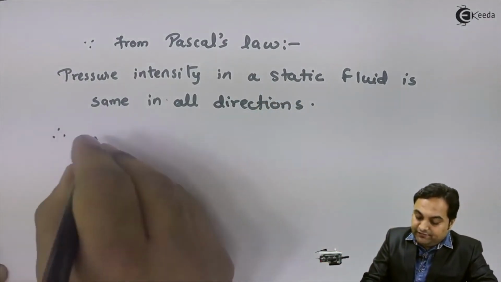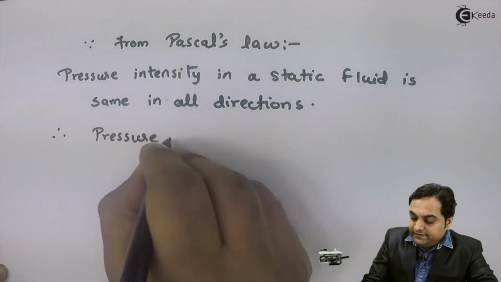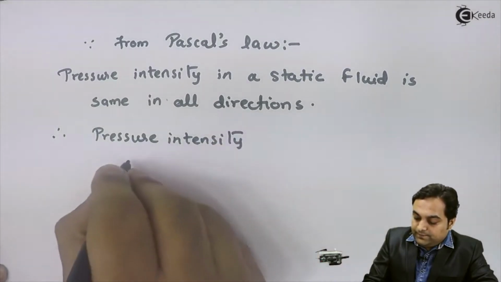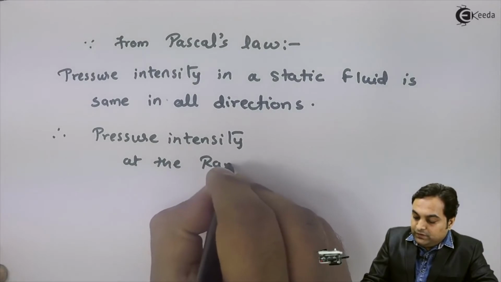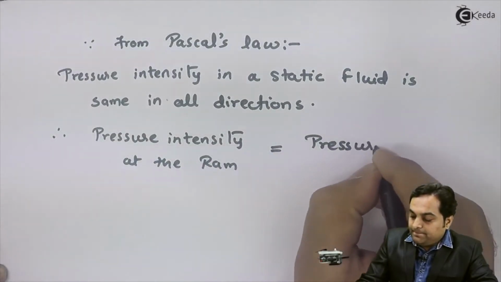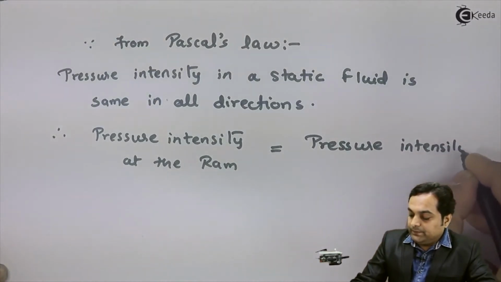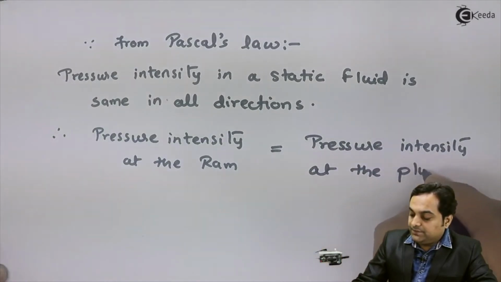So I'll say that therefore pressure intensity at the ram is equal to pressure intensity at the plunger.